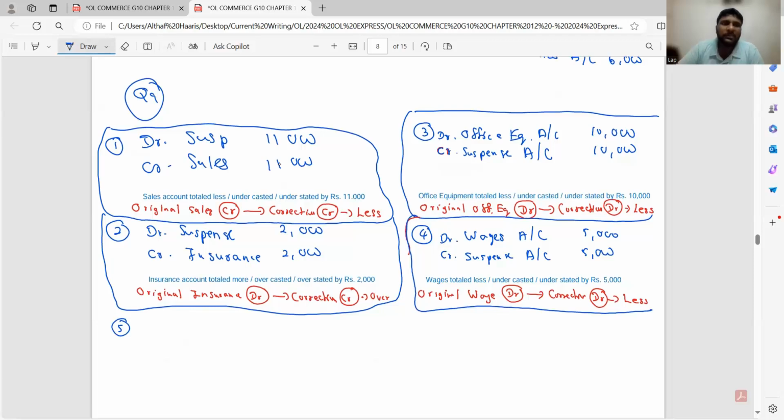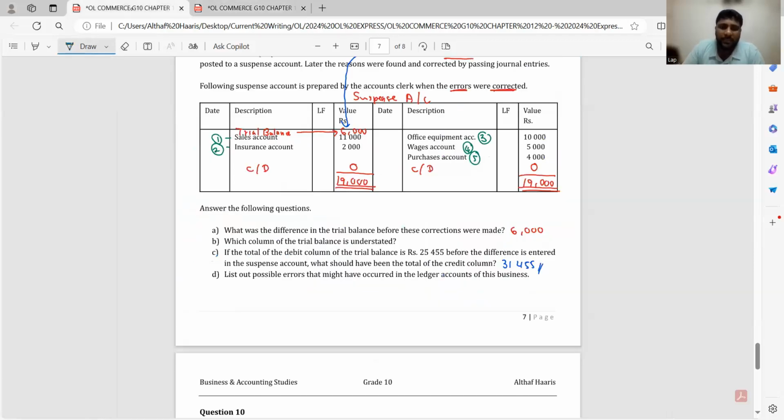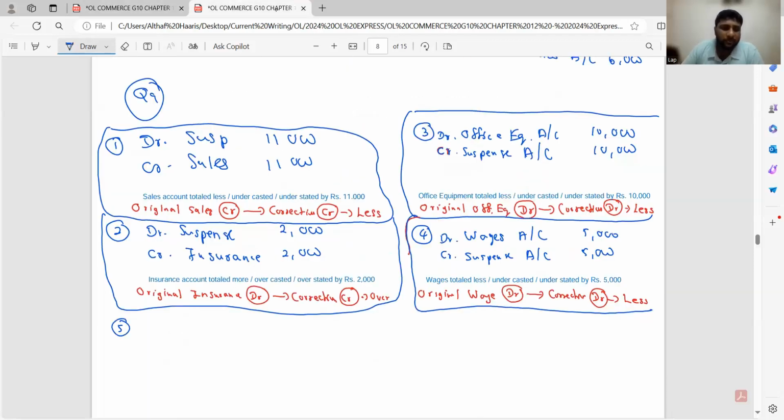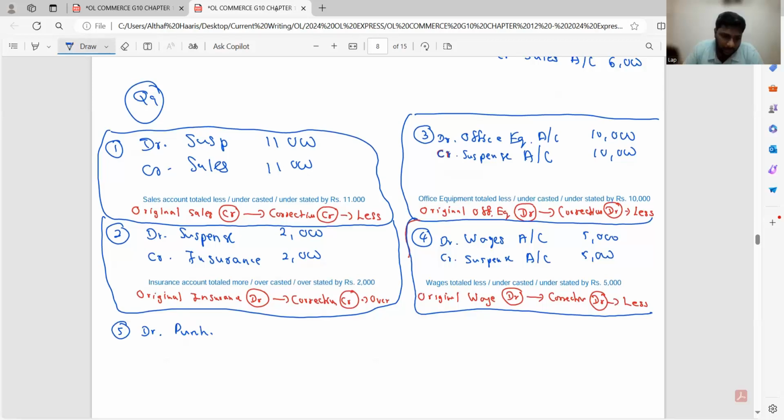Fifth one. Purchase account debit. Suspense account credit. How much is that? 4,000. Now you know the game, people. You write it on your own.